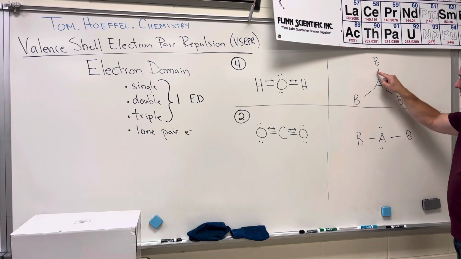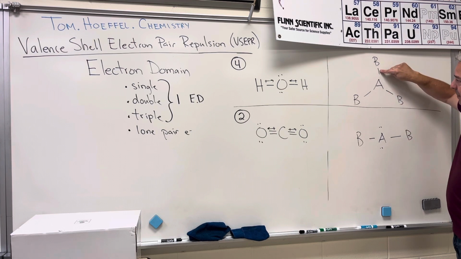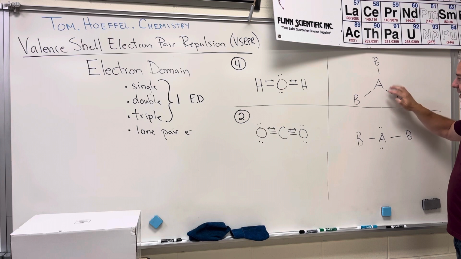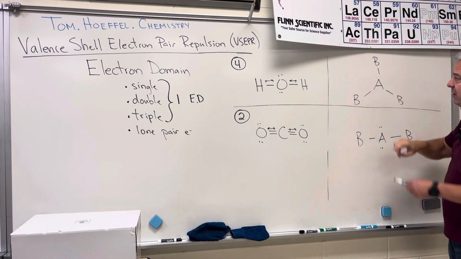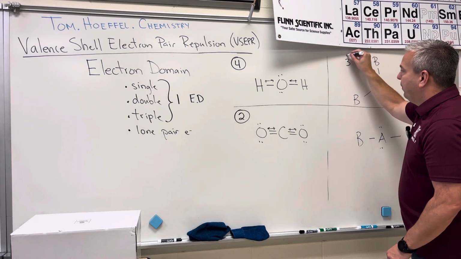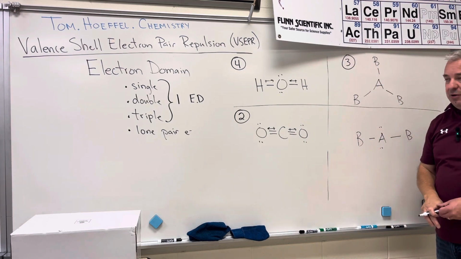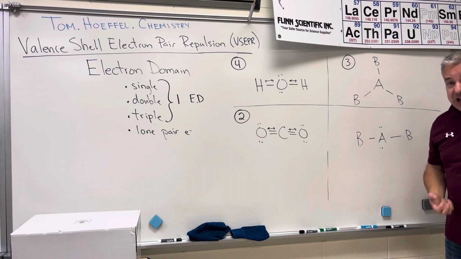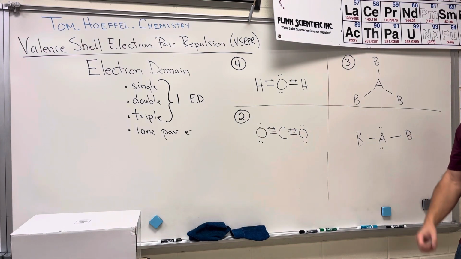If I go around the central atom, I see a bonding domain here, here, and here, no lone pairs. So this has a total of 3 electron domains around its central atom, and that's going to lead to a particular shape for that structure.